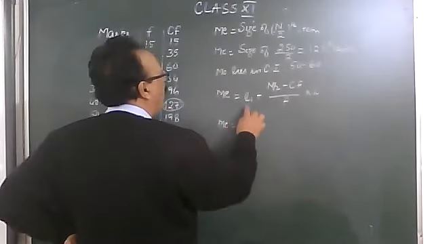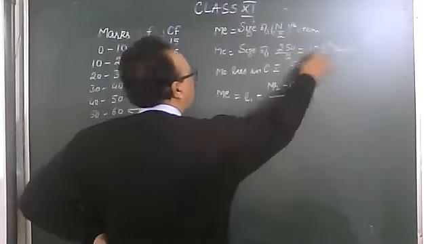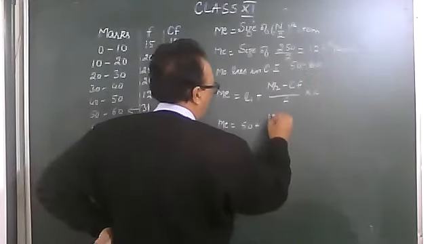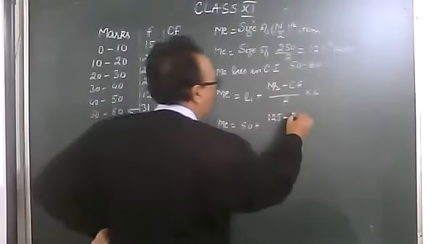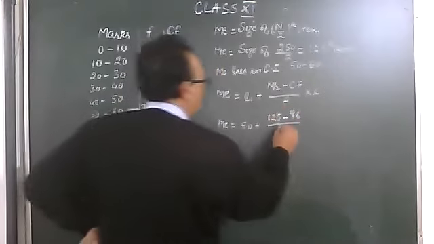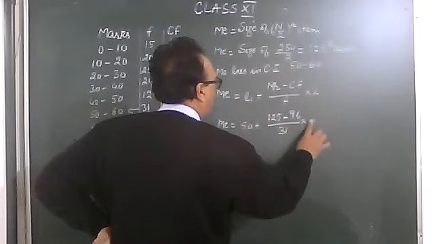Median is equal to lower limit, which is 50. N by 2 we calculated, 125. 125 minus the CF 96. Frequency, the one at the side, 31, into class interval, which is 10.